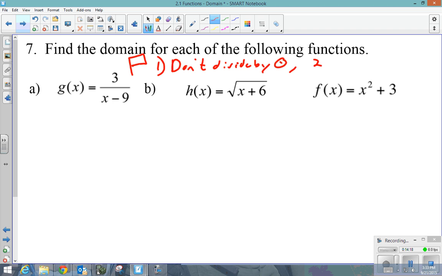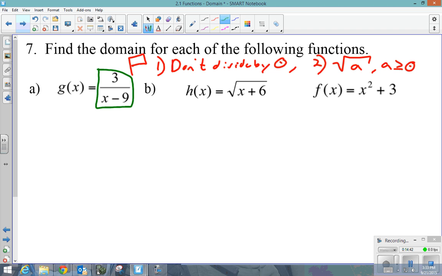Number 2, like we did before, your square roots, whatever the value this is, it has to be greater than or equal to 0. Otherwise, you're taking a square root of a negative number, and we don't want to deal with imaginary numbers here. So I look at g of x, and I want to find the domain.